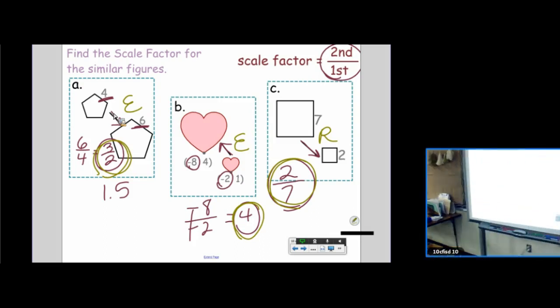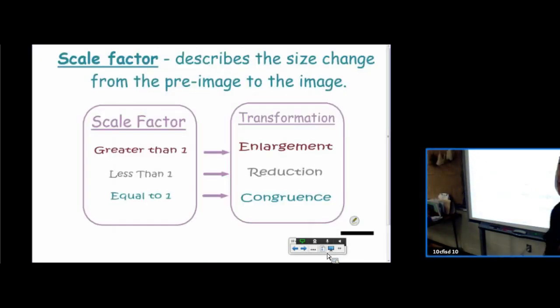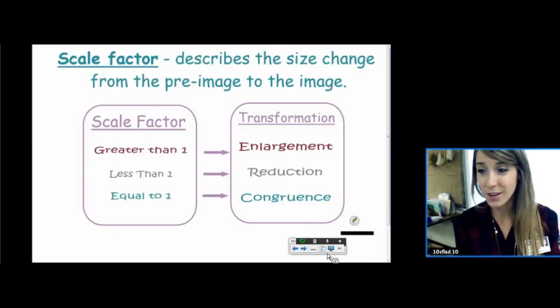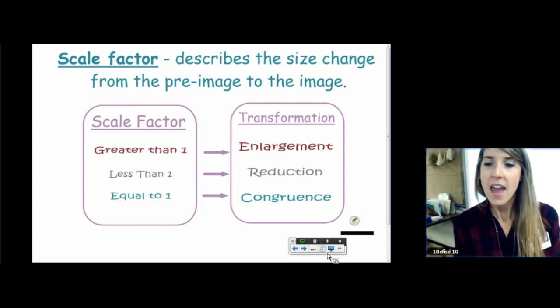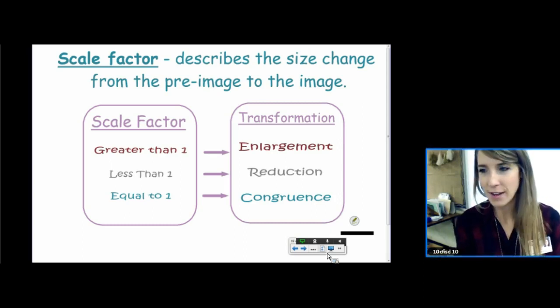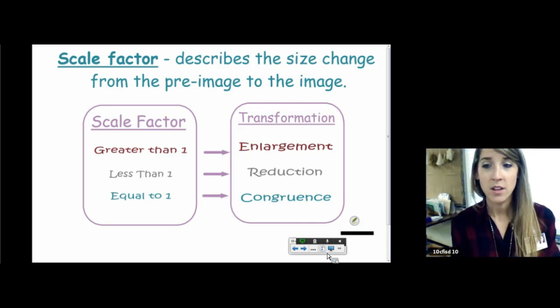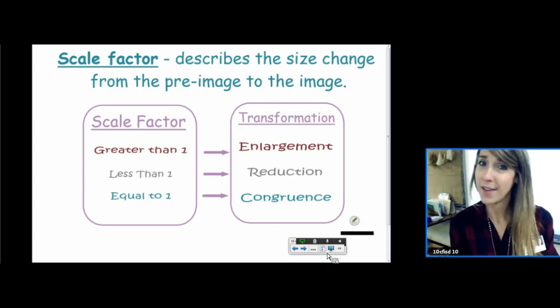So what we can conclude is that if our scale factor is greater than 1, our figure is getting bigger. If our scale factor is less than 1, our figure is getting smaller, and our scale factor, believe it or not, can equal 1. If your scale factor equals 1, it's called a congruence transformation. So you can dilate a figure by a scale factor of 1, but you'll get another congruent figure.